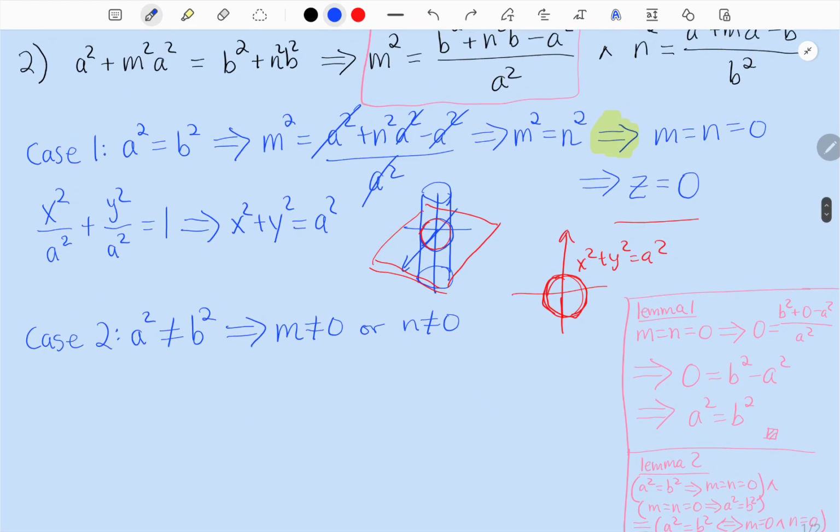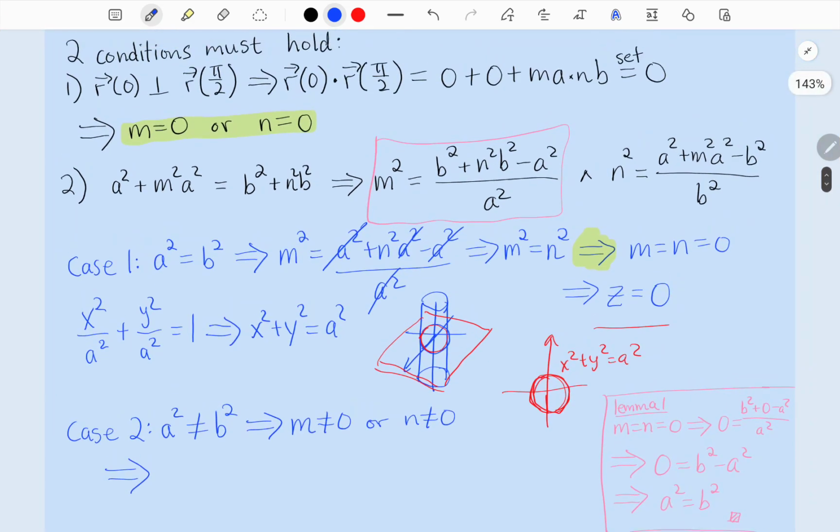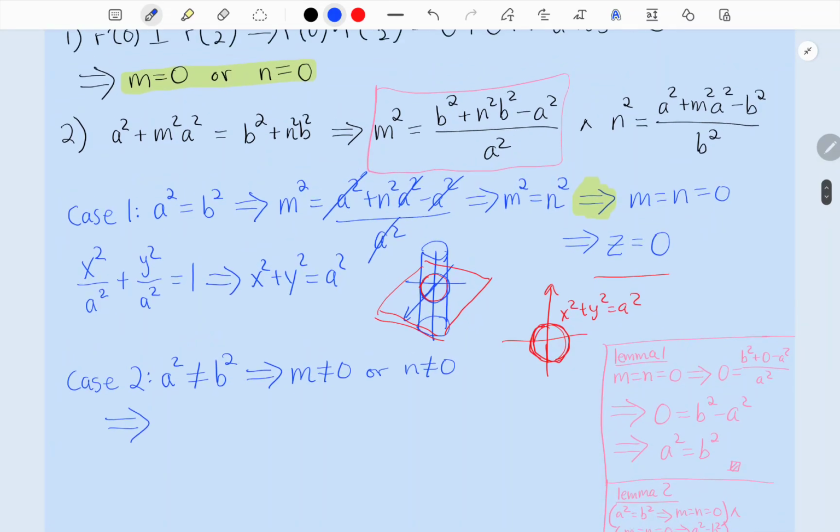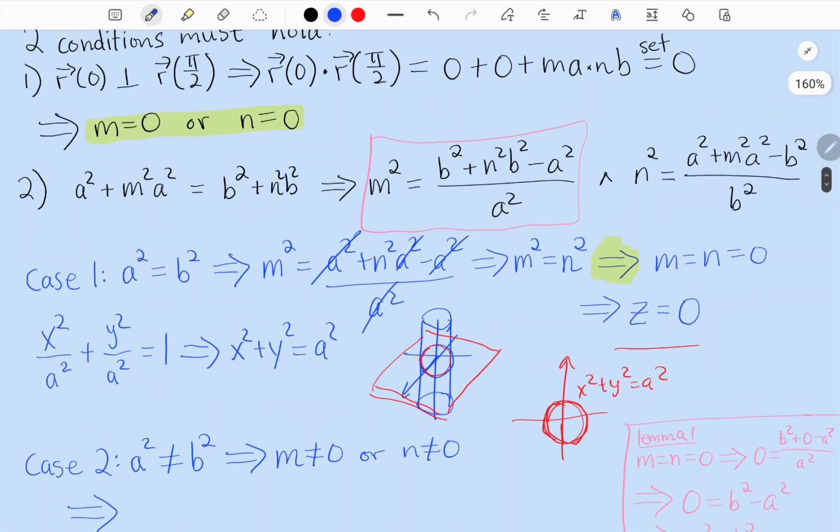But the thing is, though, one of them is true, right? You could have it where, if you just have this alone, m and n are both non-zero. However, let's take a look at them separately. If m is not equal to 0, combining it with this orthogonality condition that we concluded, one of them must be 0.